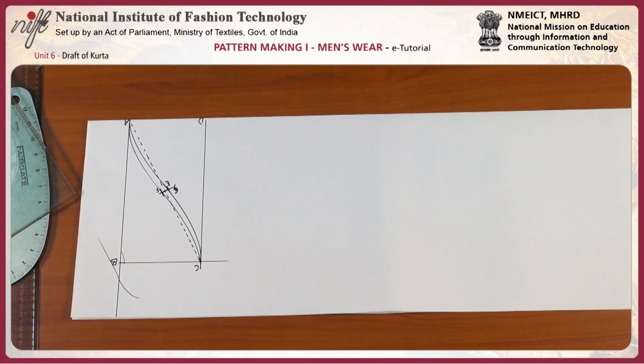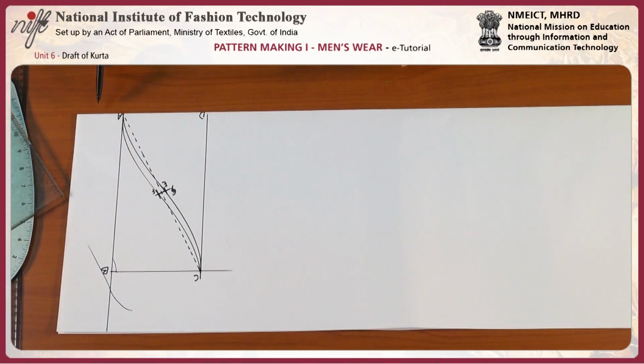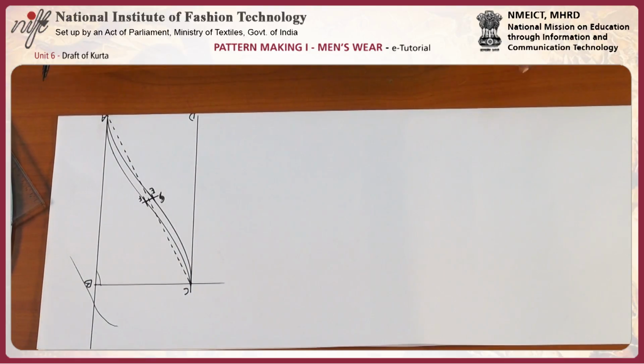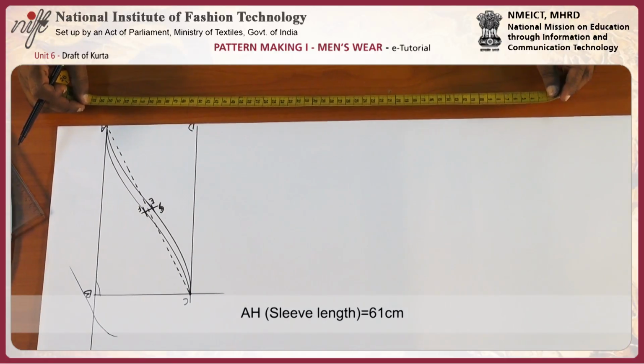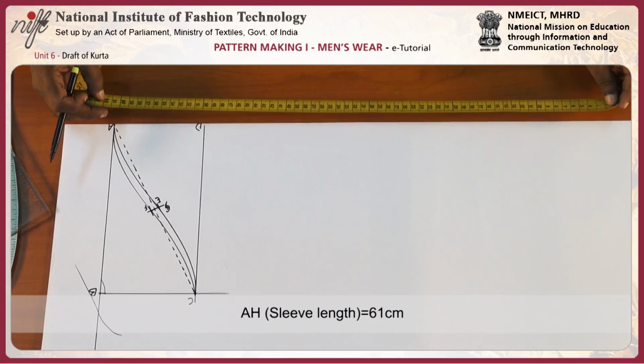Now let us move to the further draft of the sleeve, that is by measuring the sleeve length. Sleeve length, as I told, from A to H, that is 61 centimeter.